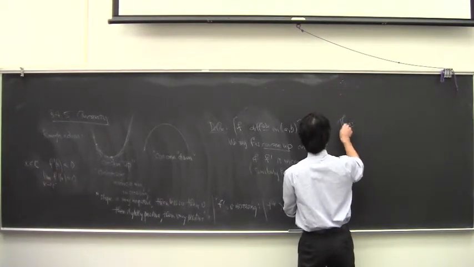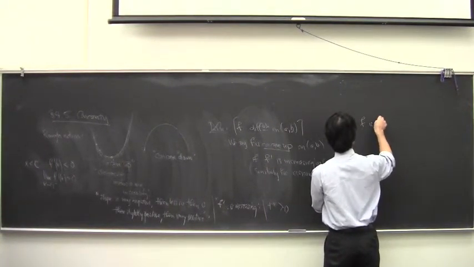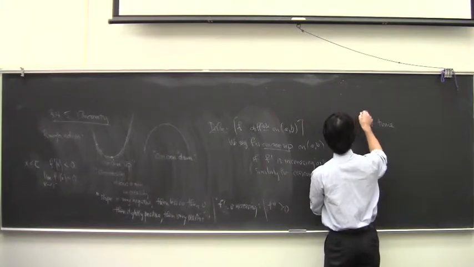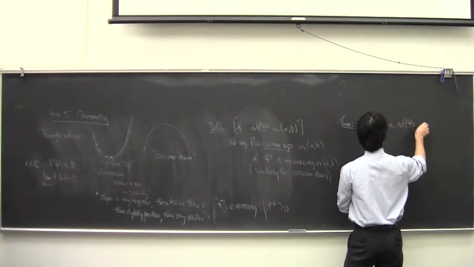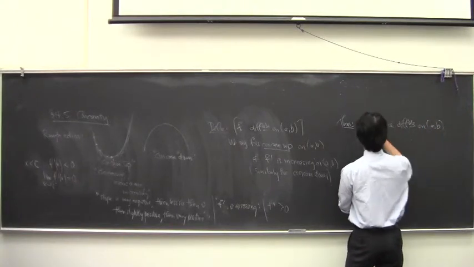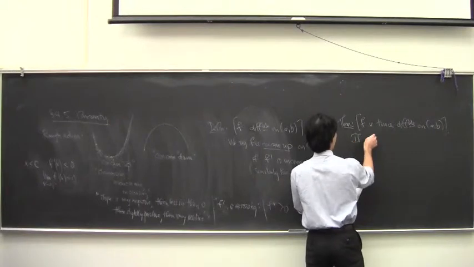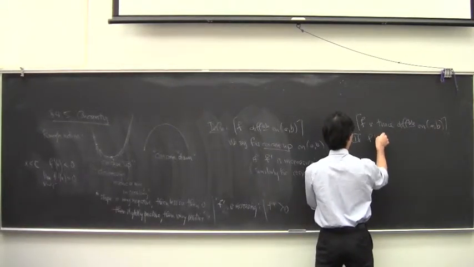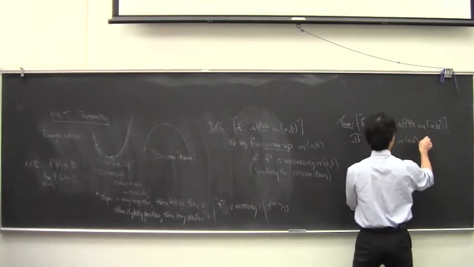Okay. We have this observation, this connection, right? Say f is twice differentiable on AB. If f double prime is bigger than 0 on AB, then it's concave up.